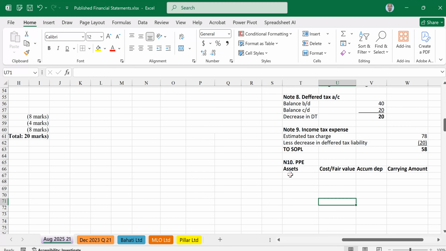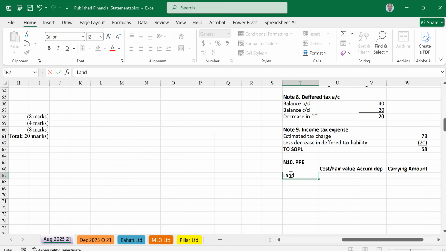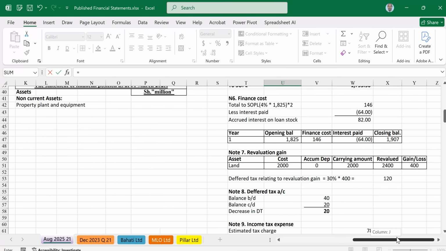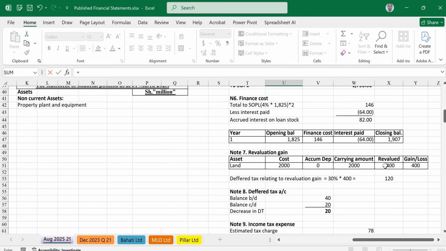Start with the land. Now up there, what was the fair value of land? 2.4, but there is net of deferred tax. You must do net of deferred tax.